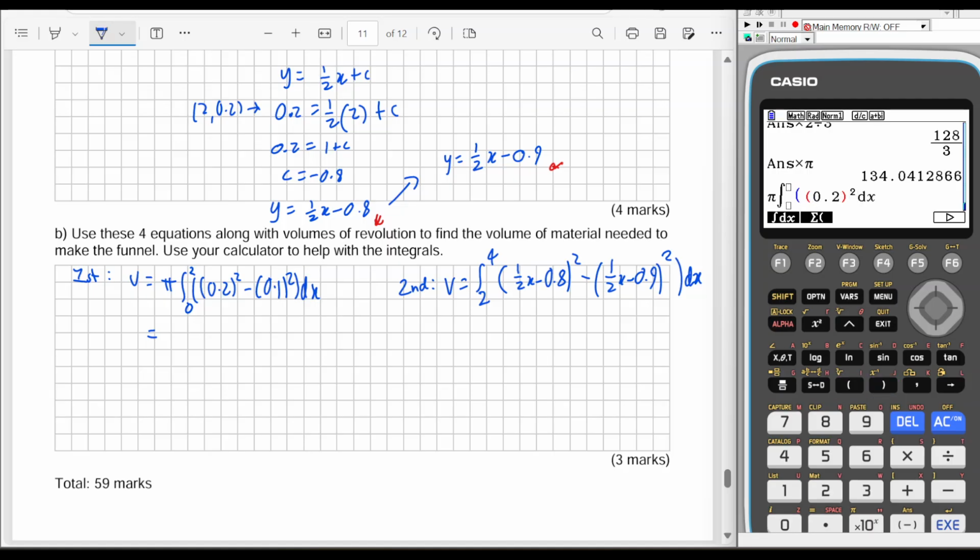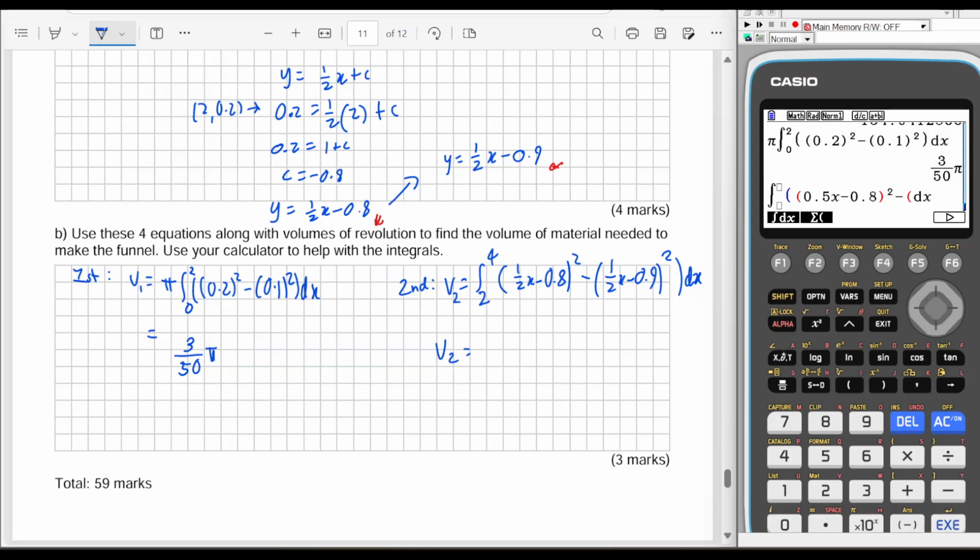0.2 squared, 0.1 squared, and we're integrating from 0 to 2. So that volume is 3 out of 50 pi. And I might just call this volume 1 and volume 2. Volume 2 is similar integral. So I might go just 0.5x take 0.8, and we'll square that.